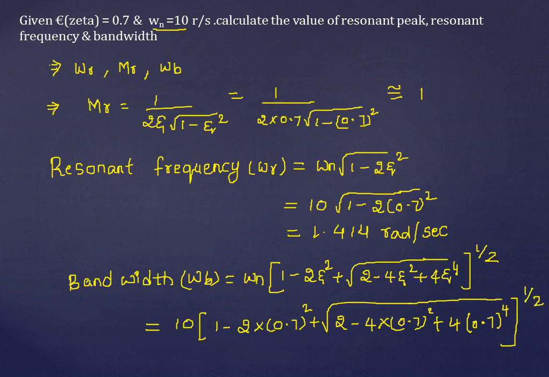After solving this equation, you get the bandwidth value as 10.1 radians per second.